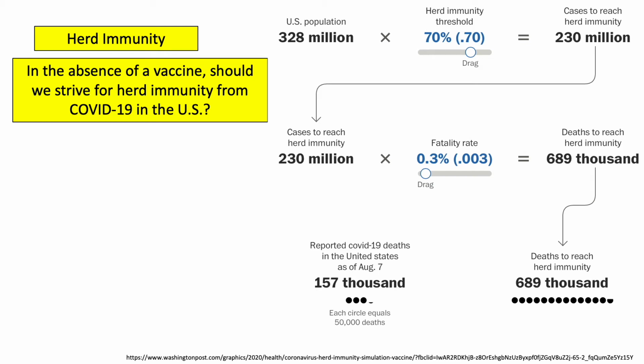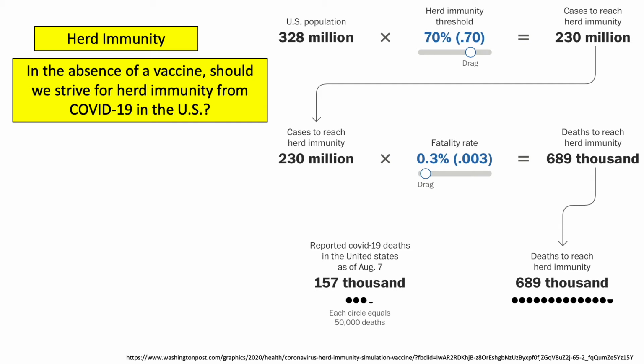All right, so if we assume that that many people have the disease, then what's the fatality rate? Well, if we assume the 0.26%, which was the percent that we referred to in the previous slide, I chose the number 0.3%, then that means 689,000 Americans would die from COVID.